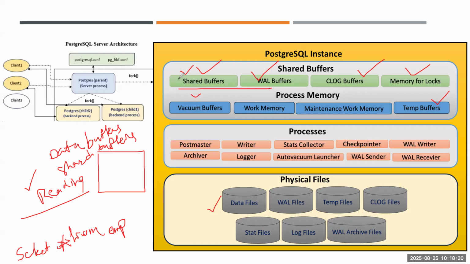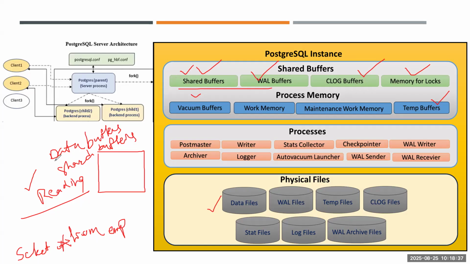There is a separate cabin for the accountant. You will tell them, I need to deposit this much amount, or I need to withdraw this much amount, and they will process your action. Same here.